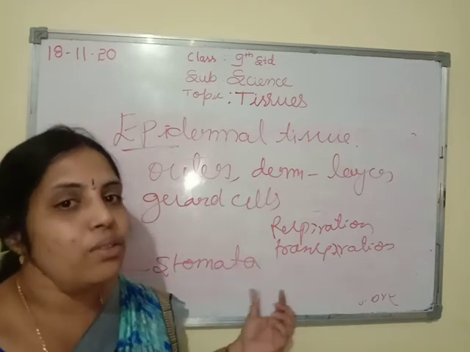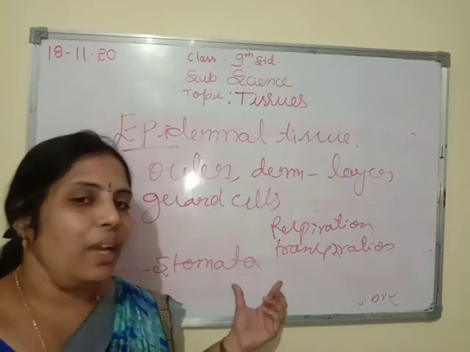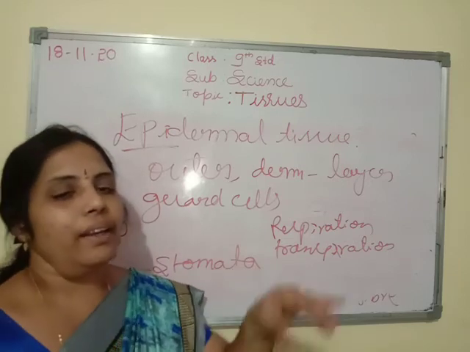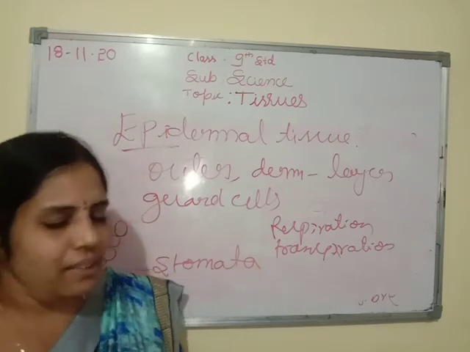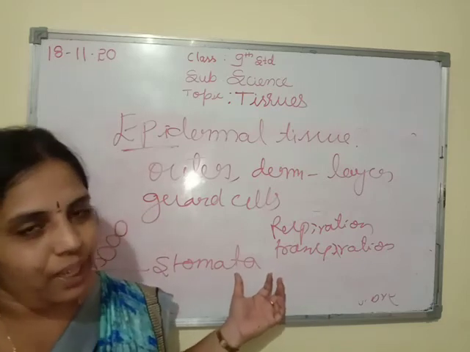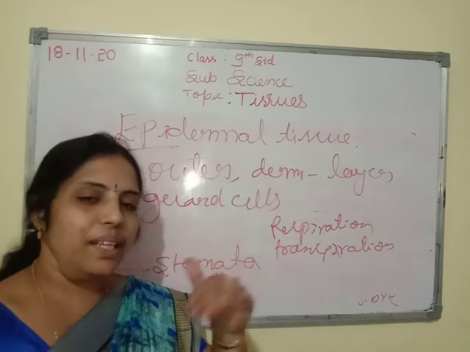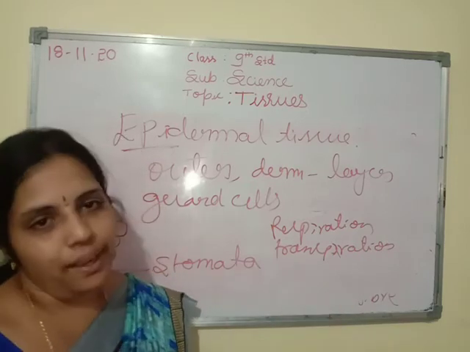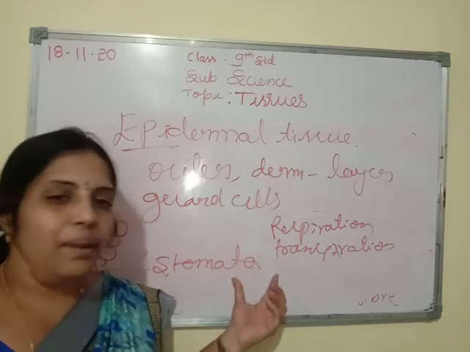Why? Because of stomata. These stomata do not allow any excess water to enter into the plant. It reduces the absorption of too much water, and so it prevents plants that live in water from rotting.